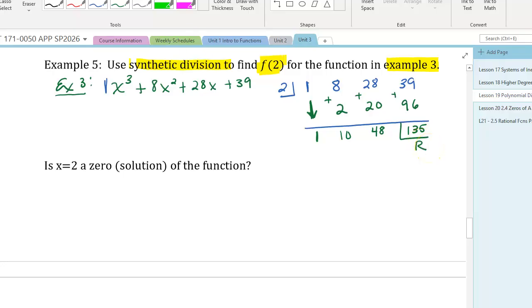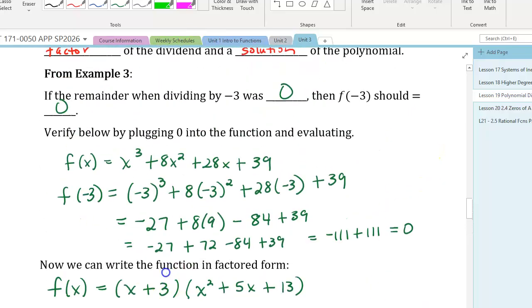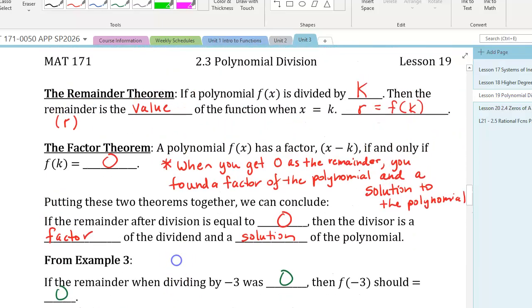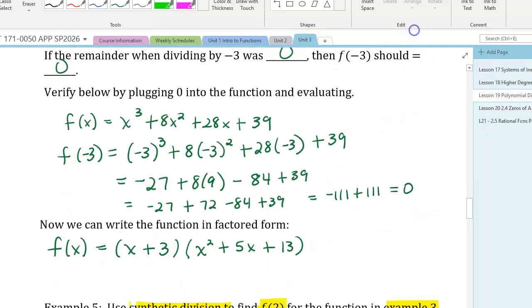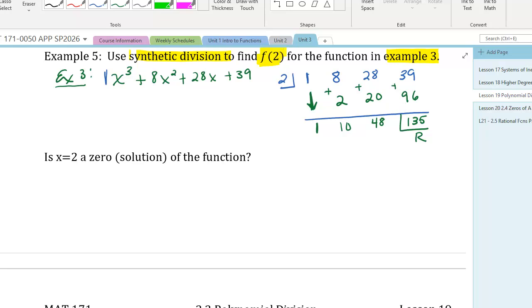And if you remember from the remainder theorem, what it tells us is if a polynomial is divided by k, then the remainder is the value of the function when x equals k. So the remainder is the value of the function. So our remainder we got was 135. So that tells us that f of 2 is equal to 135.